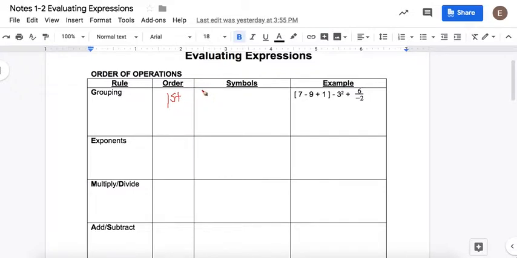And that would include brackets. And these are what brackets look like. I've put them around the word. We have parentheses.